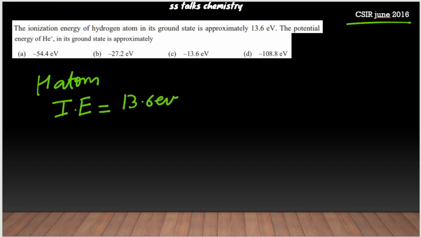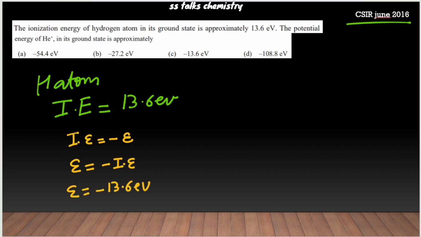This relationship you should know, that the ionization energy is a negative of the total energy of the system. So that means the energy will become minus of the ionization energy. So energy for the hydrogen atom is coming out to be minus 13.6 electron volt.